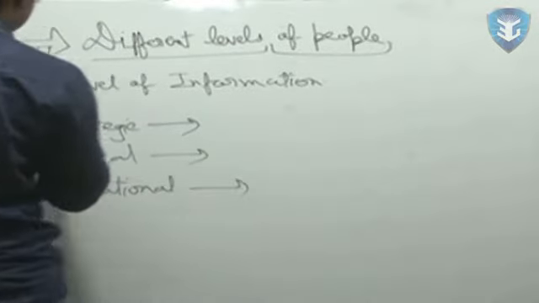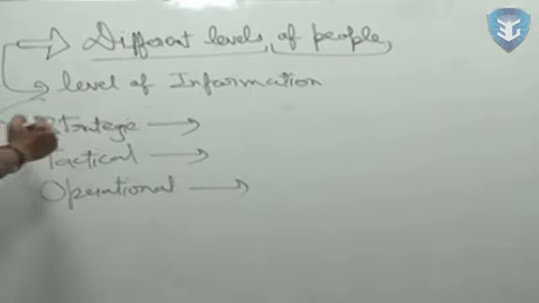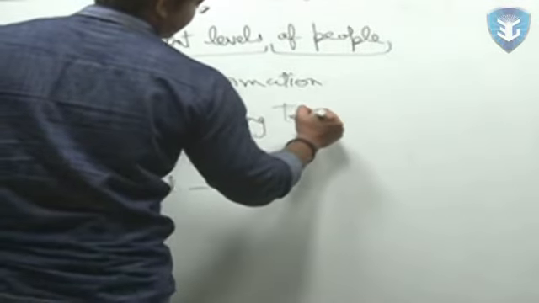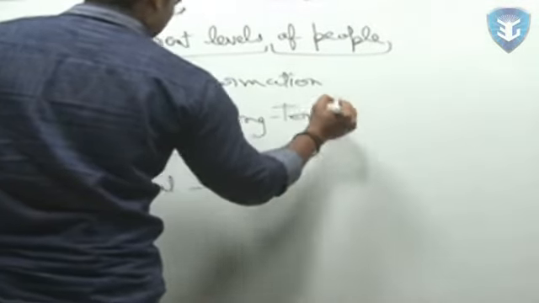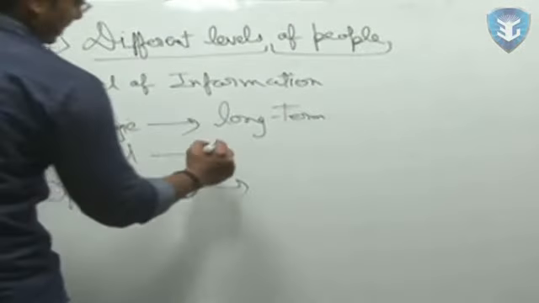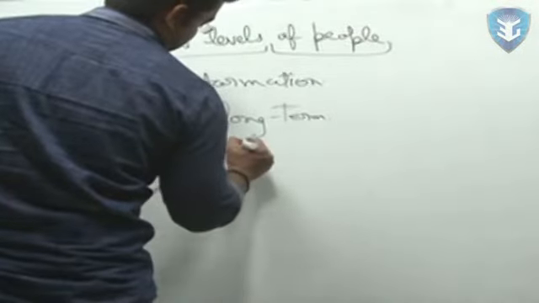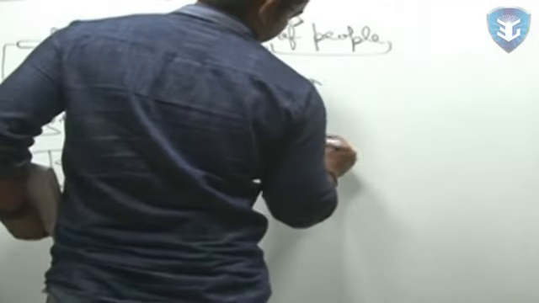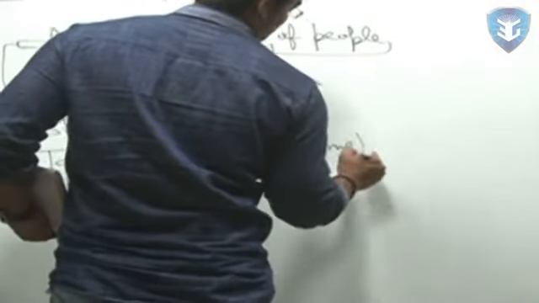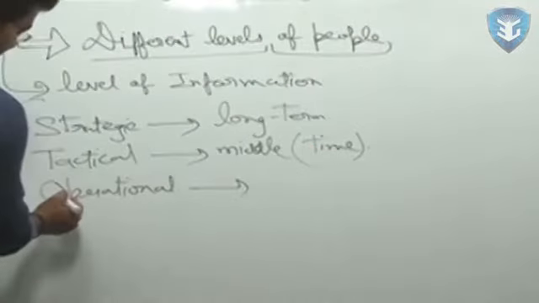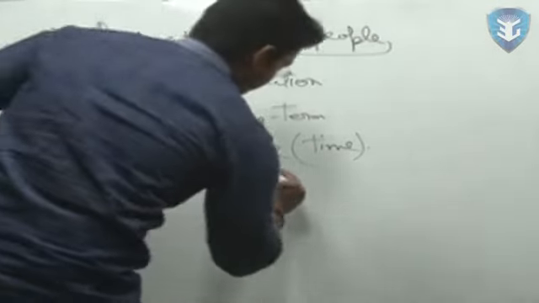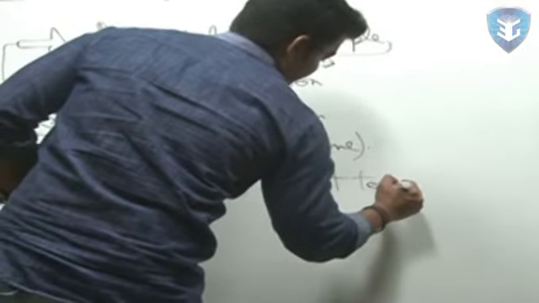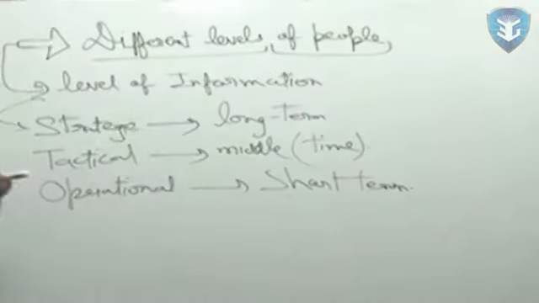The strategic kind of information is used in a long-term period. The tactical one, we can call a middle level in terms of time, obviously, and the third one is operational, which is short term. Use and dispose.